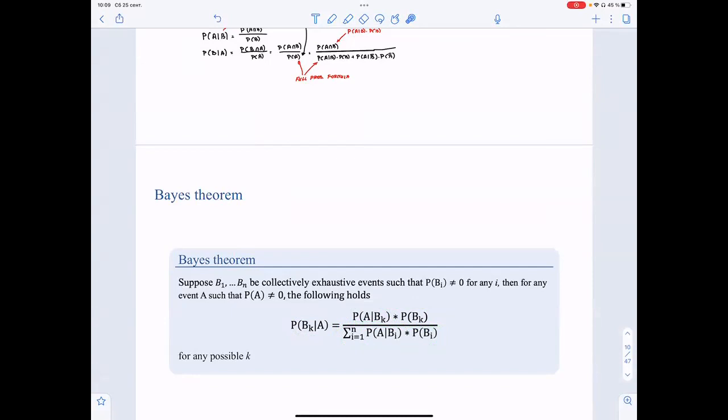And that's it. So that gives you the Bayes theory. Well, if you ask me, is it a really useful formula? I wouldn't say yes. If you ask me, should we know this formula in order to pass the exam?